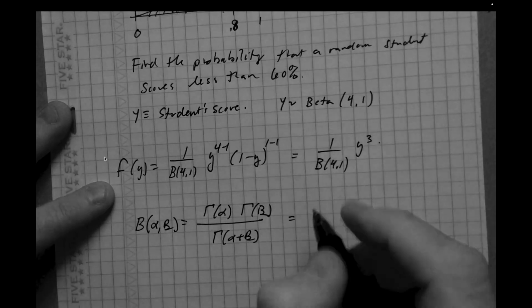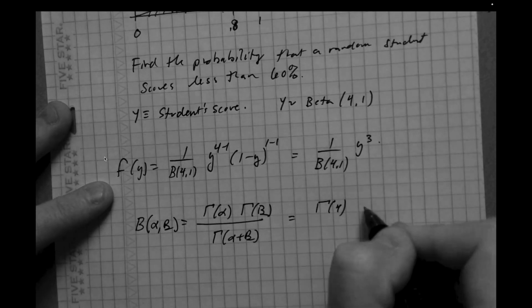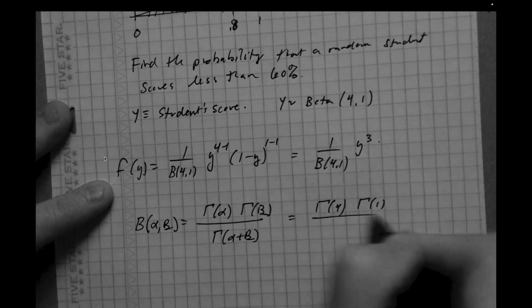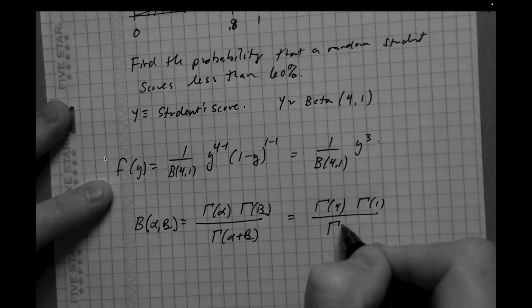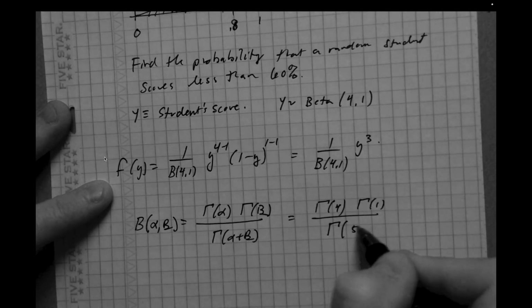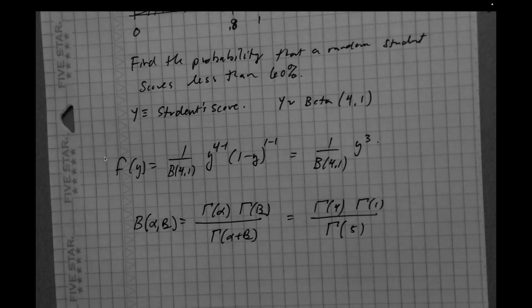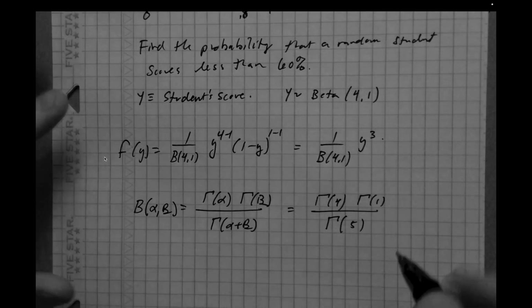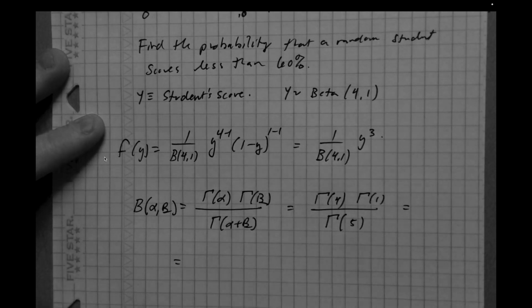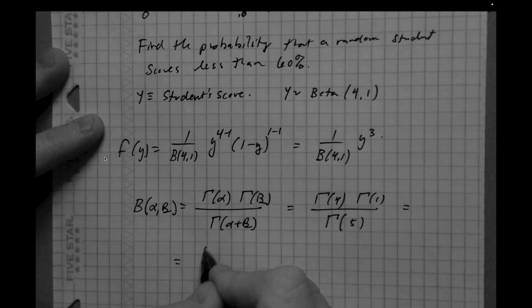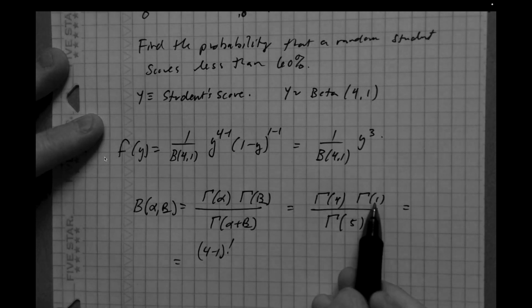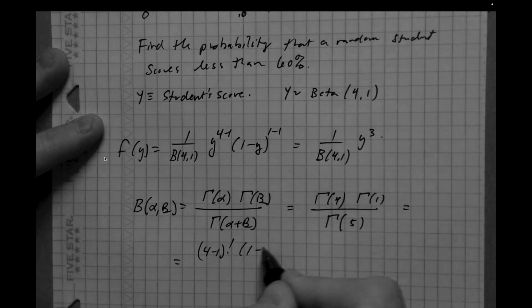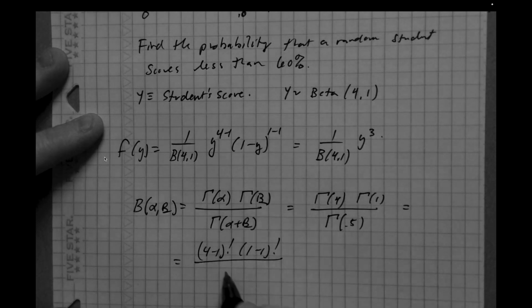Right, so in our case, that's going to be gamma of 4 times gamma of 1 over gamma of 4 plus 1, which is 5. Now, if you remember from the previous lecture, we talked about how to quickly evaluate the gamma function. We know that it's a factorial. So this is 4 minus 1 factorial. This is 1 minus 1 factorial. And this is 5 minus 1 factorial.